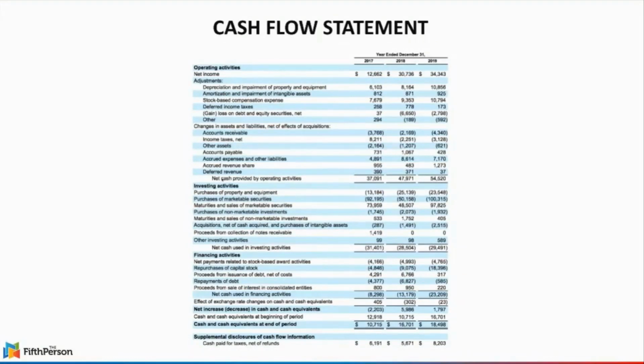Then your investing activity over here is the amount of money that you spend to buy CapEx, your capital expenditure, to maintain the business. So all the figures that involve investing, or where you invest in any assets, will be inside this investing activity part.